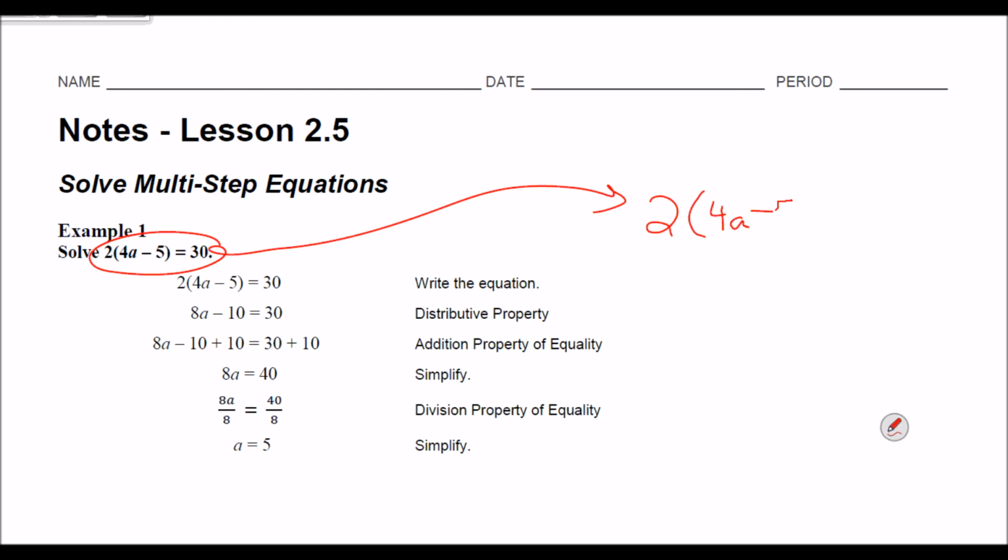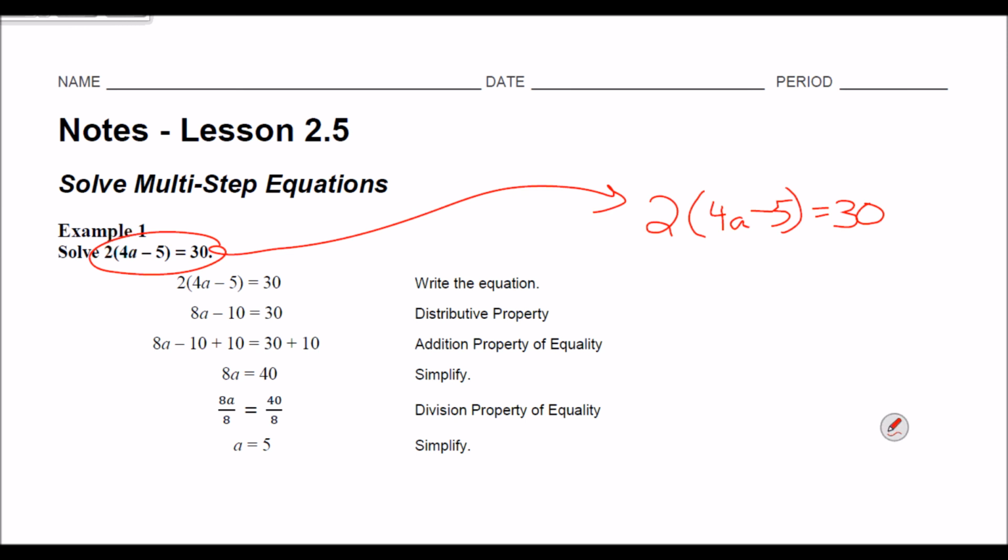You guys should have worked with that last year and in years past, just a little bit, but we're going to do a lot with it here in 2.5. Okay, so the distributive property means we're going to take what's in front of the parentheses and multiply by everything inside of the set of parentheses.